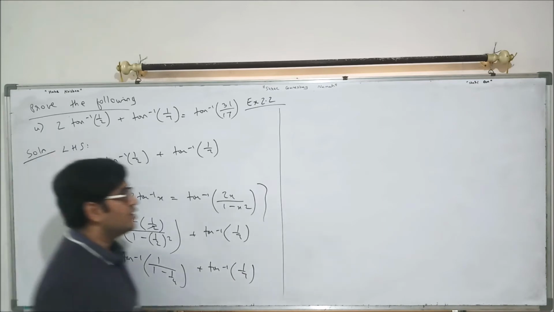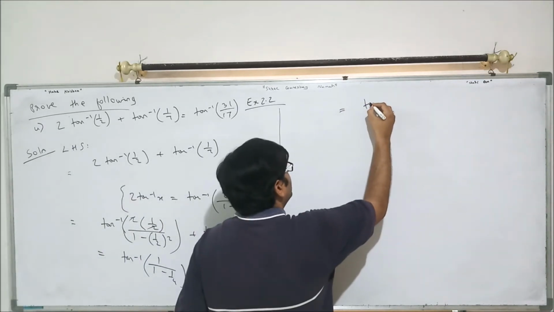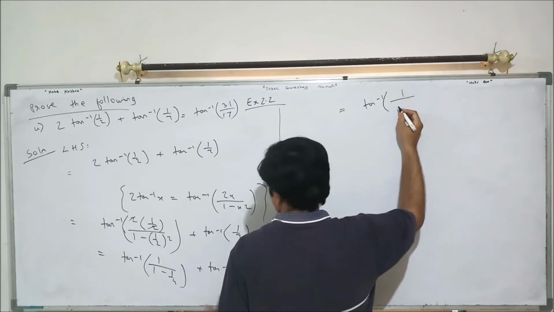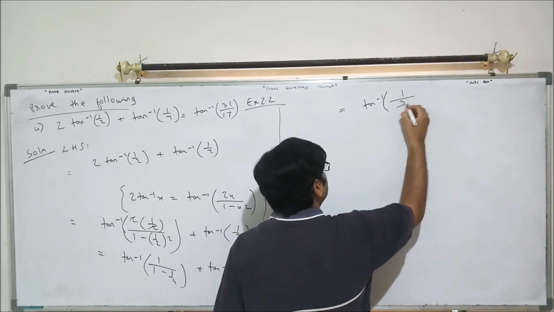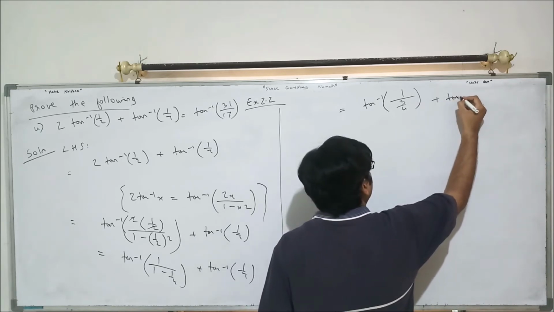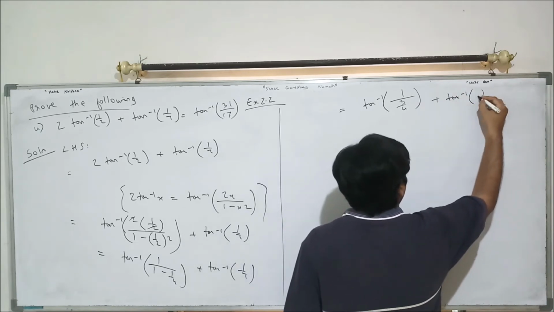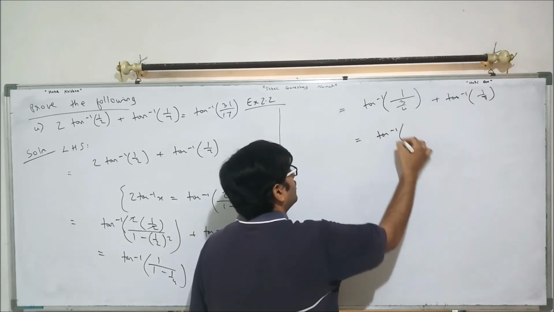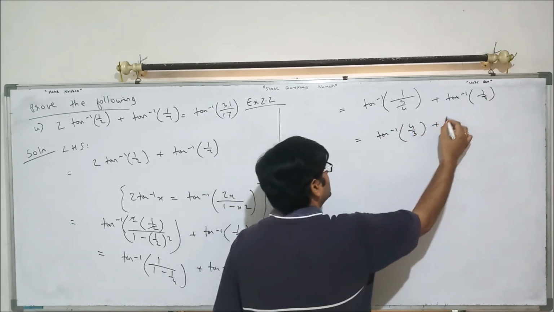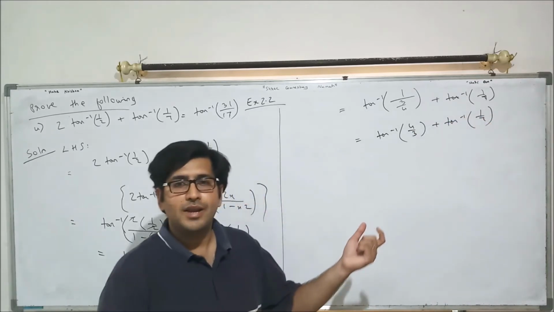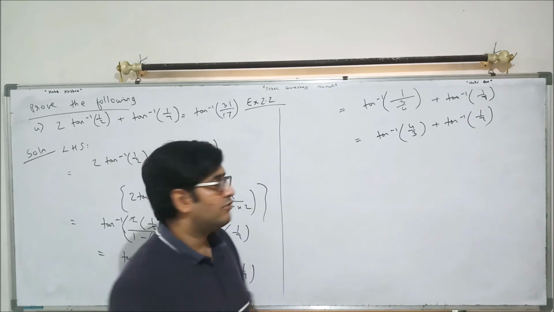So if you take LCM over here, we are going to get tan inverse of, here 1 upon 4 minus 1 is going to become 3 upon 4 plus tan inverse of 1 upon 7 as it is. Okay, so if you simplify this, you get tan inverse of 4 upon 3 plus tan inverse of 1 upon 7. Now again we apply the formula for tan inverse x plus tan inverse y.